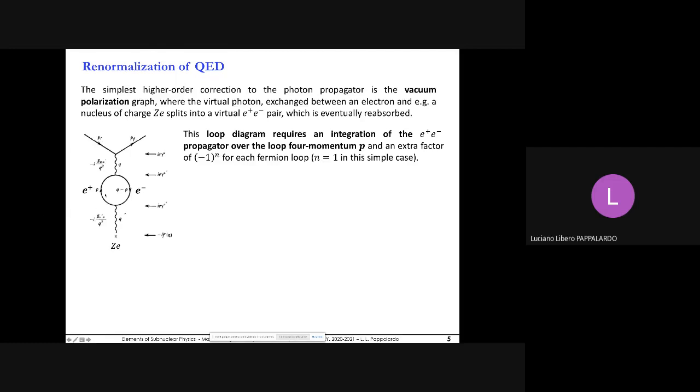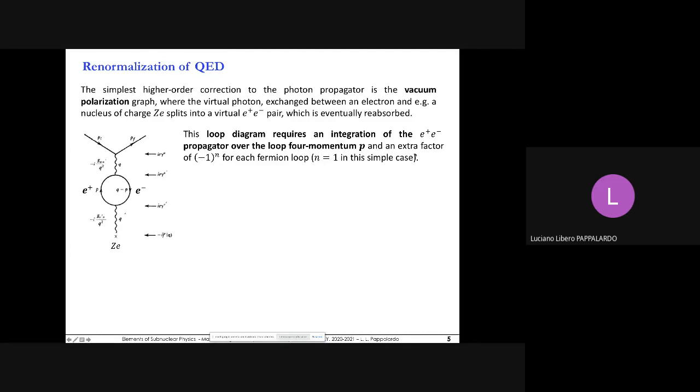So there is a four-momentum p running in this loop, and for the reason that we will understand in a moment, we need to integrate the propagator of this e+ e- object over this four-momentum. And then we have to add an extra factor (-1)^n for each fermion loop, so just n equal 1 in this simple case.